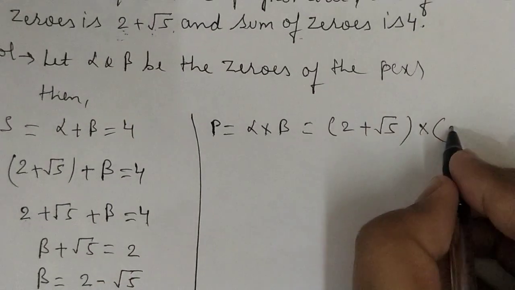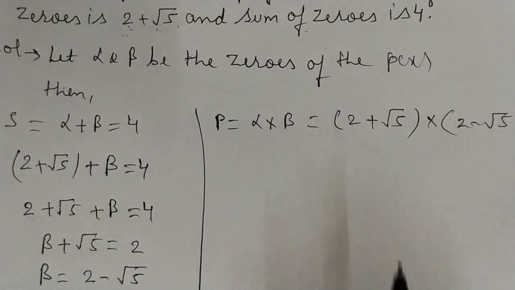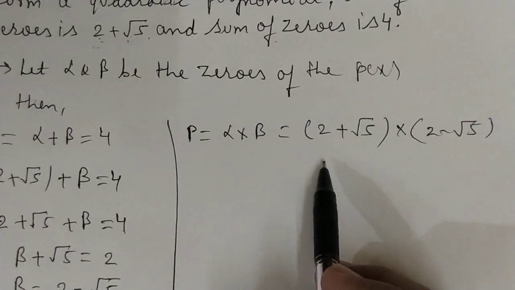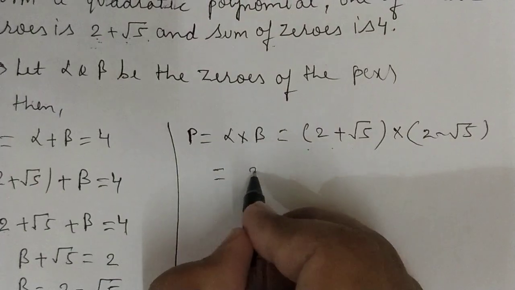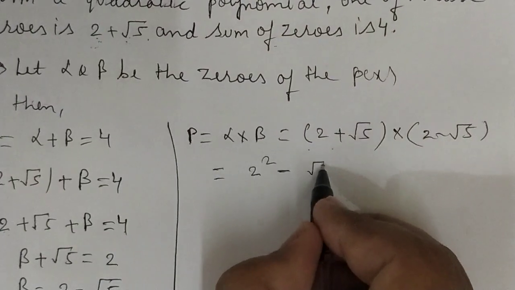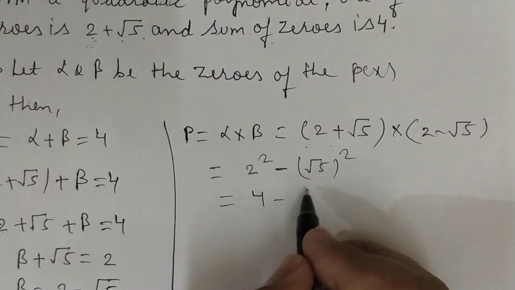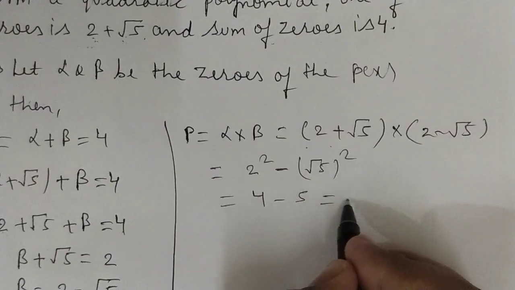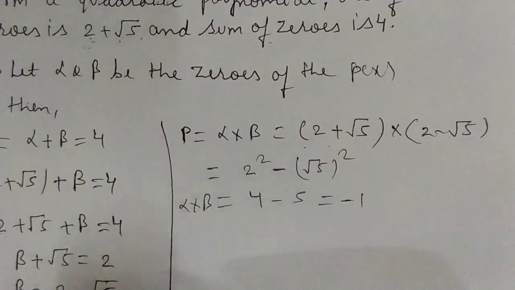So at the place of beta I am writing 2 minus root 5. Check here. Here we can apply the identity a plus b, a minus b. So I am applying the identity here, that is a square minus b square. 2 square means 4, root 5 square means 5. 4 minus 5 is 1. So this is the value of alpha into beta.